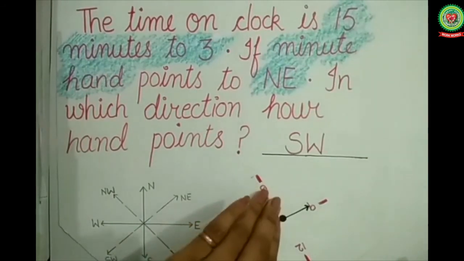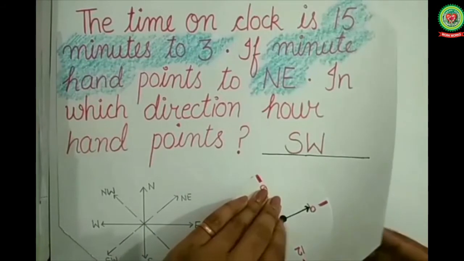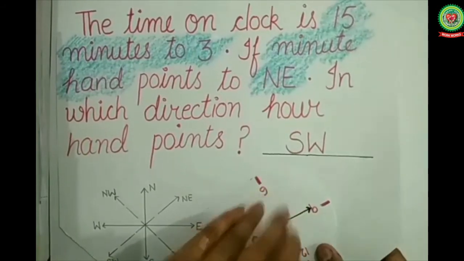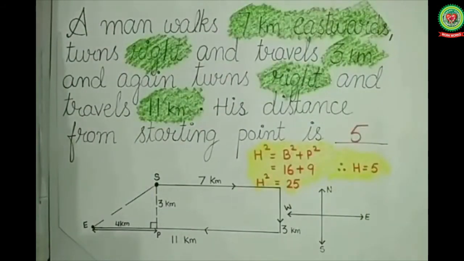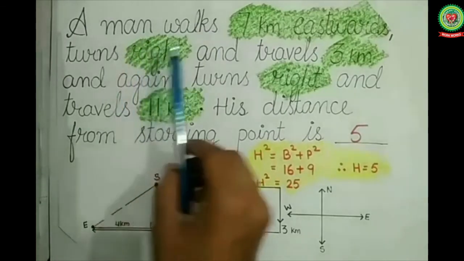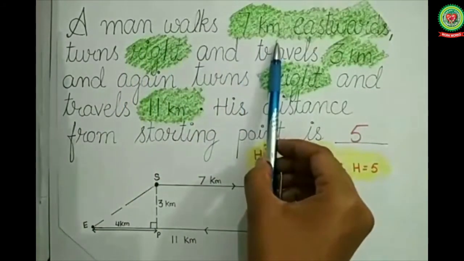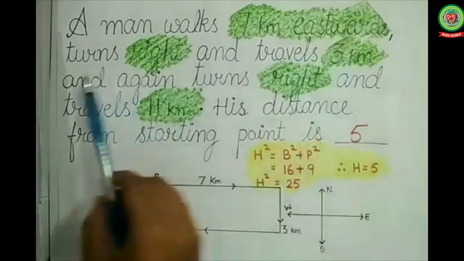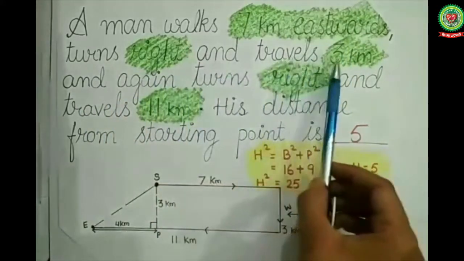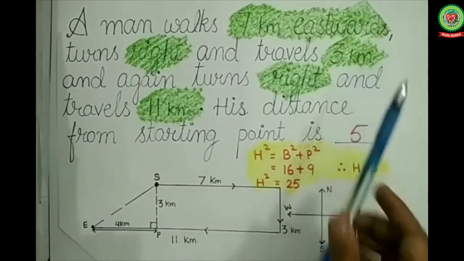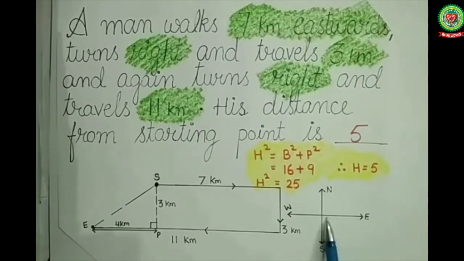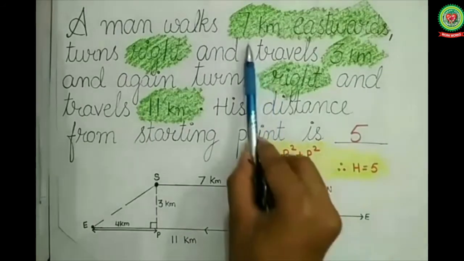Now students, let us see some more examples. A man walks 7 kilometers eastwards, turns right and travels 3 kilometers. So now students, you can see this is the east direction. So person is moving in the east direction by 7 kilometers.